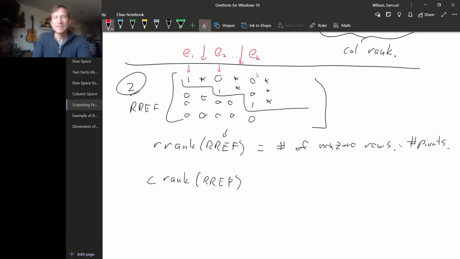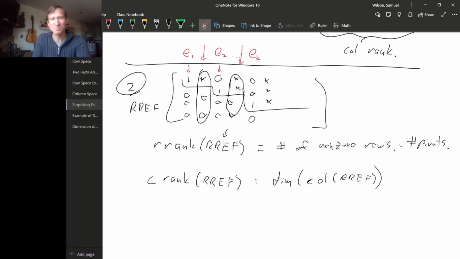And so to know the rank of the reduced row echelon form, this is the dimension of the column space, we need a basis for the column space. Well, these columns that aren't pivot columns don't add anything new to the span, because this one is linearly dependent on that, this one is linearly dependent on those, and this one is linearly dependent on those.